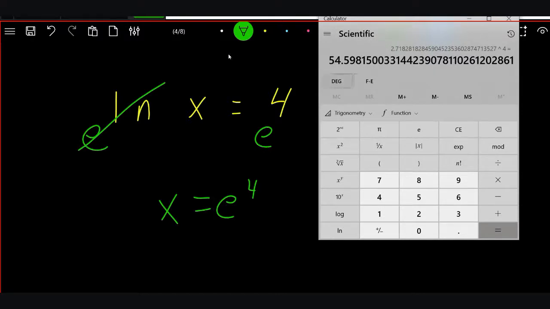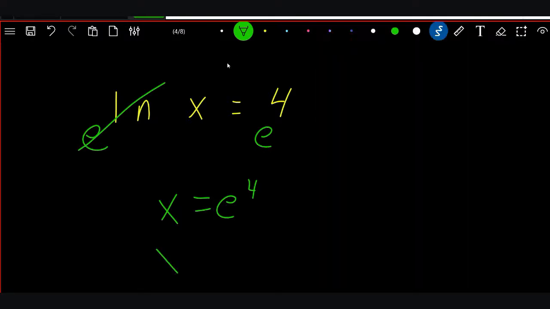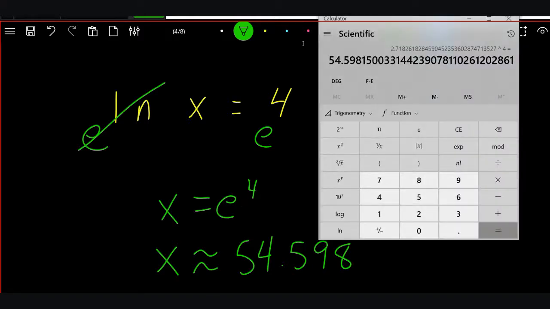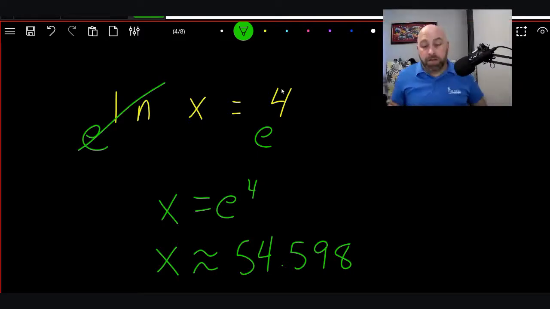It should be x approximately equals 54.598. The book that I'm looking at says 54.599, but if you look at our calculator, the number after the 8 is a 1, so that would leave that as an 8. So there you go. That's how you do that one. With the natural log, you just get the log to cancel. You do the same thing if it was log.